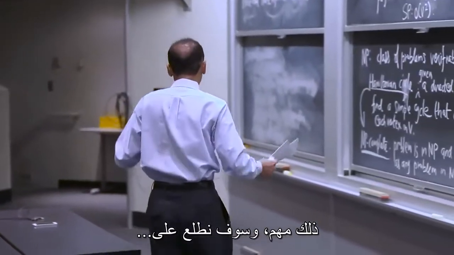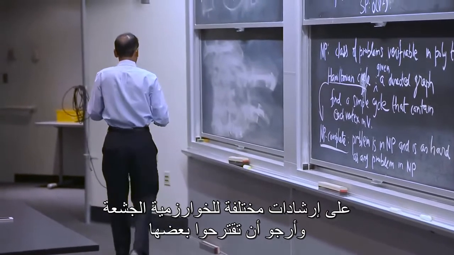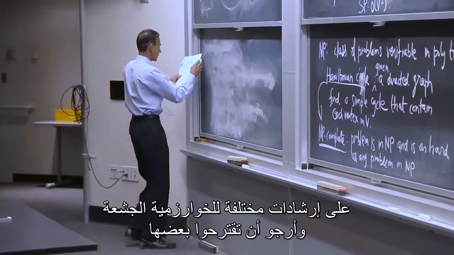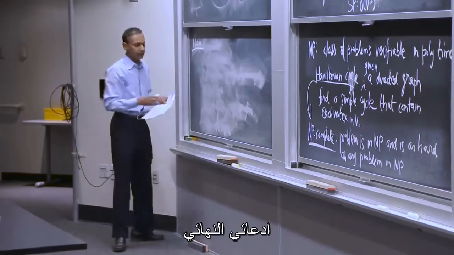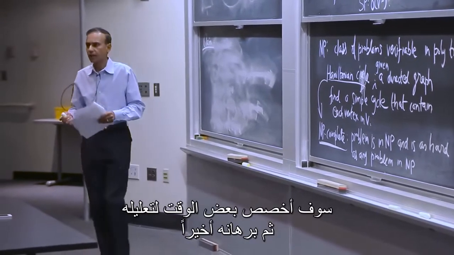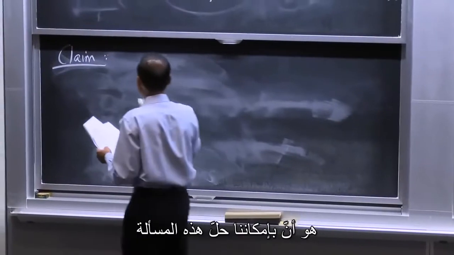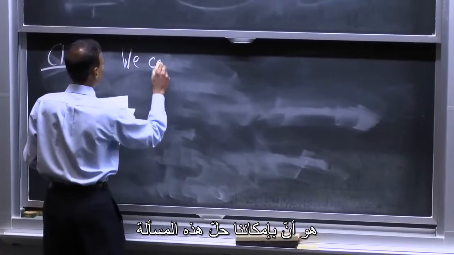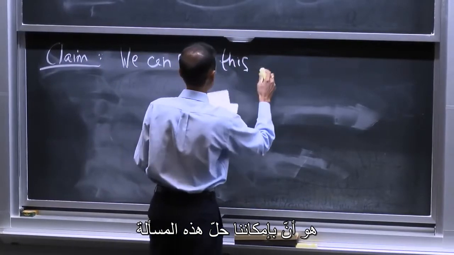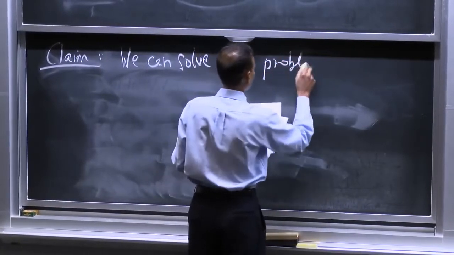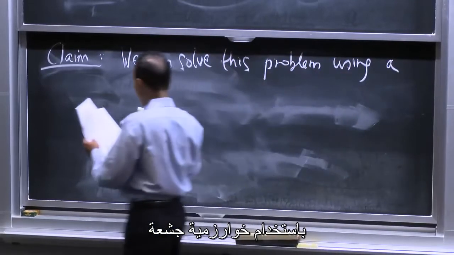So that's going to be important, and we'll take a look, and hopefully you can suggest some, at a few different greedy heuristics. But my overall claim, that I'm going to have to spend a bunch of time justifying and eventually proving, is that we can solve this problem using a greedy algorithm.